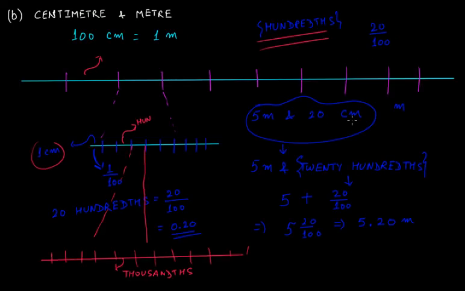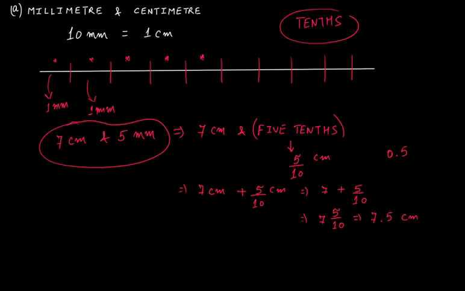In the example of this one, you have 0 hundredths, 2 tenths, and 5 ones. In this case, you have millimeter and centimeter, you have 5 tenths and 7 ones.